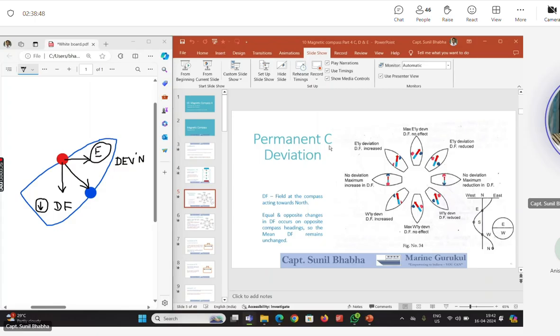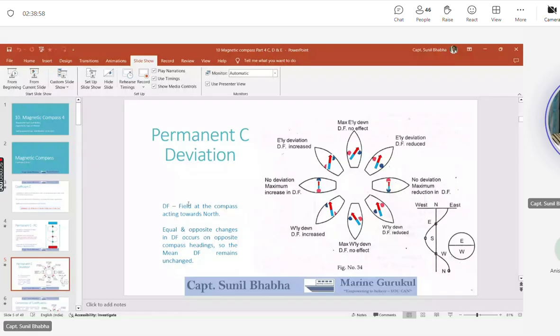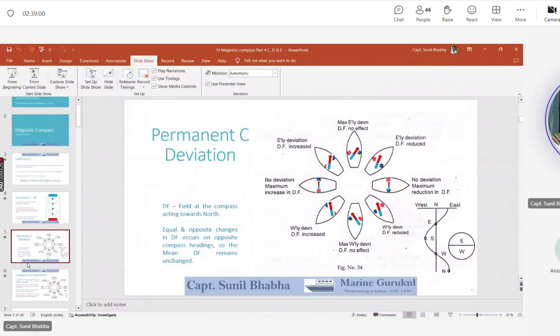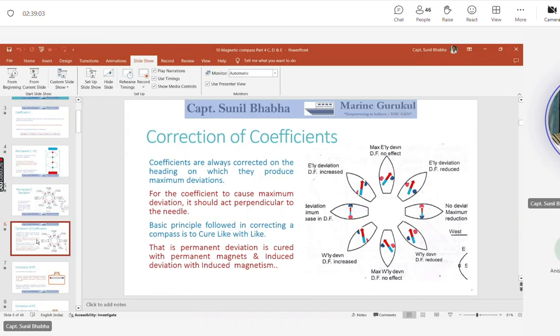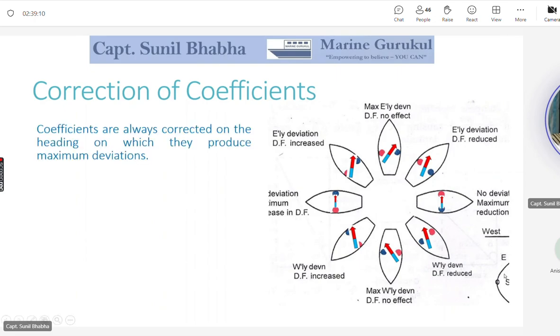Okay, let's go back to the presentation. Let's now see the correction of this particular coefficient. Now, some important points which we are aware of is the coefficients are always corrected on the heading on which they produce maximum deviation.